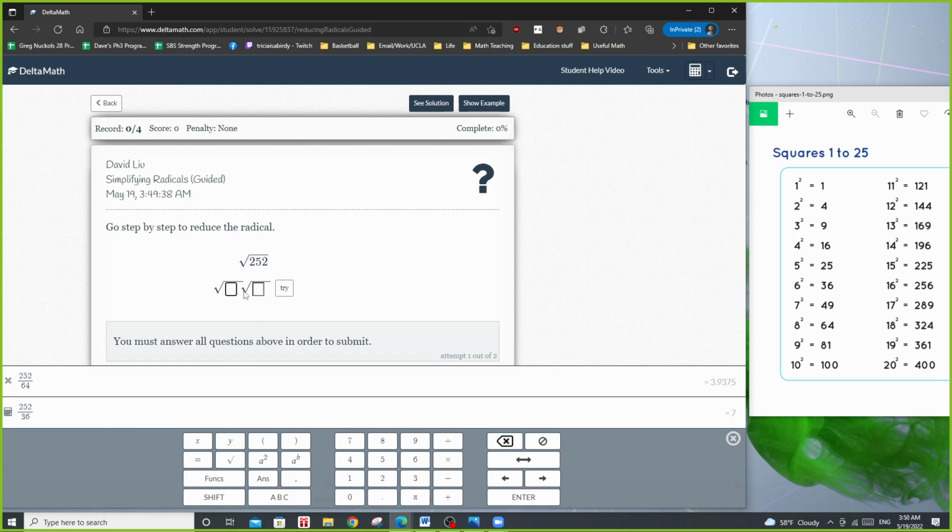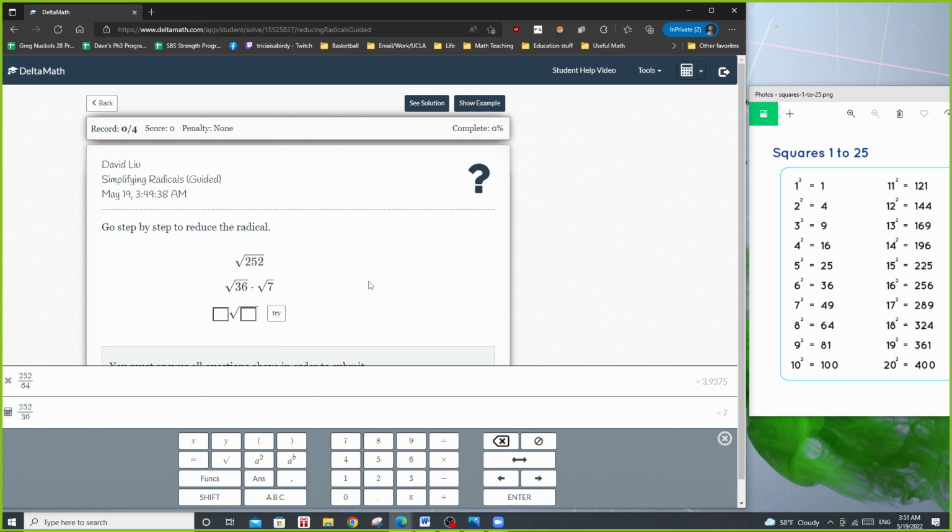So within these boxes I put 36 because that's what I divided by, and 7, which is my answer when I divide them, okay? Notice on this chart right here, 36 turns into 6, so I put 6 here, and 7 still goes under it because this symbol right here, let me trace it out.